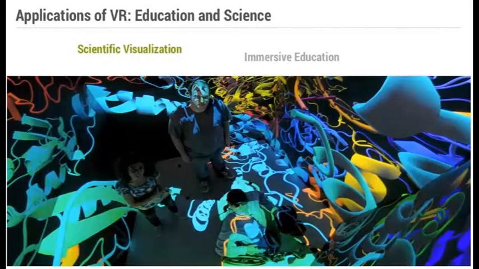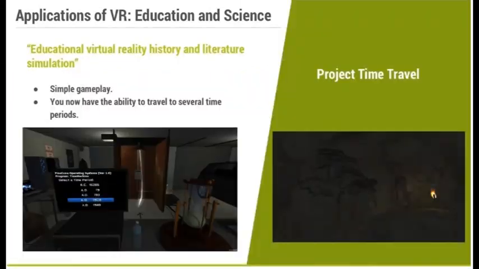Again, scientific visualization and immersive education was one of the first implementations of this, and it has to do with a way that we visualize data that is going to be really, really different in the next coming years. And one cool example that I really like is Project Time Travel. Basically what they are doing is virtual reality history and literature simulation.